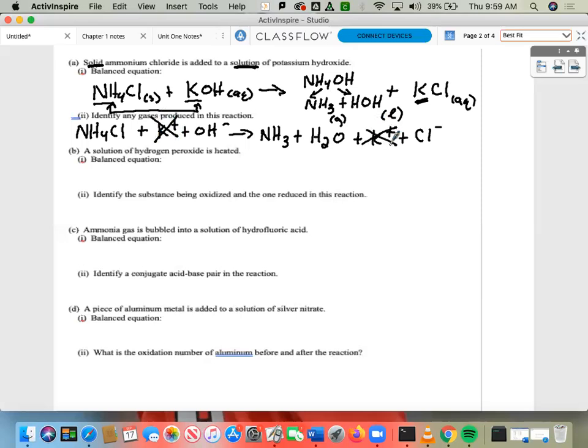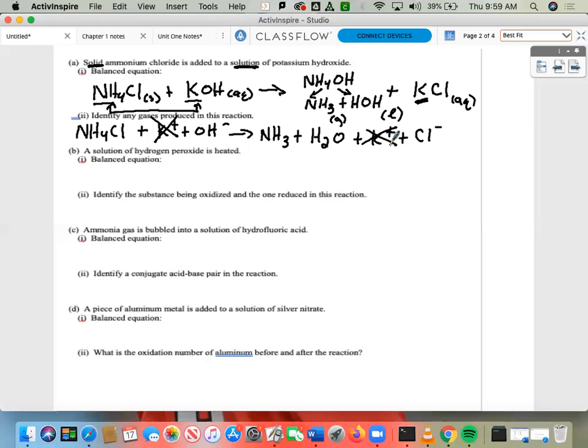And so then I just rewrite what's left over. Easy enough? And the question asks the verifying question after it says, identify any gases that are produced? Seems to me like there's only one of them. Right? Okay. So any other questions on the first reaction? Not too bad. Okay, number 2.